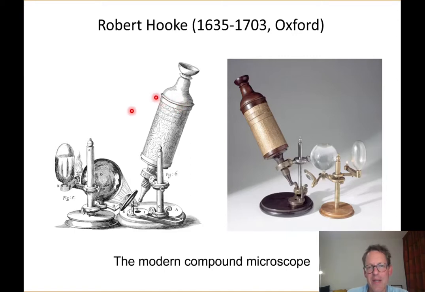Today this lens would be called the tube lens, and we will refer to it as that, the tube lens. And so the image is formed on your retina.